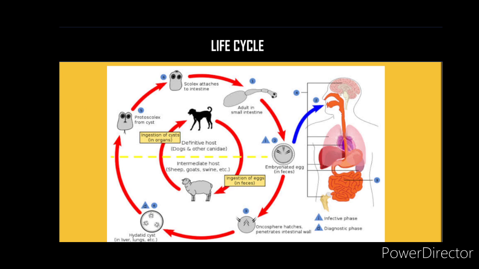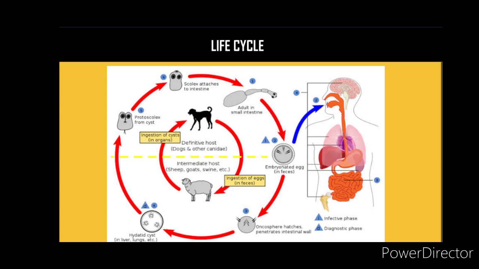The life cycle of Echinococcus granulosus is illustrated in my PPT. The life cycle of this organism outside of a human can be summed up in 6 stages. The adult Echinococcus granulosus, which is about 3 to 6 mm in length, resides in the bowel of its definitive host. Gravid proglottids release eggs that are passed in the feces.